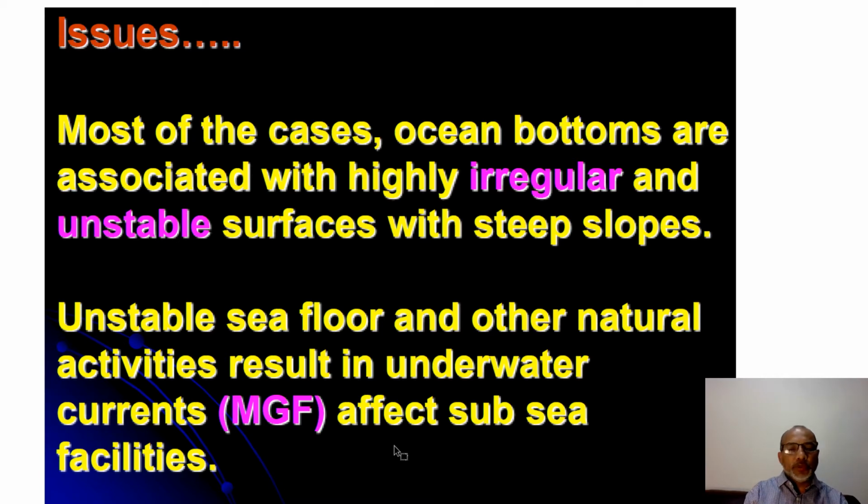So the main issue, if I would like to make a statement here: in most cases, ocean bottoms are associated with highly irregular and unstable surfaces with steep slopes, and an unstable seafloor and other natural activities result in underwater currents. We call it mass gravity flow, and it affects subsea facilities.